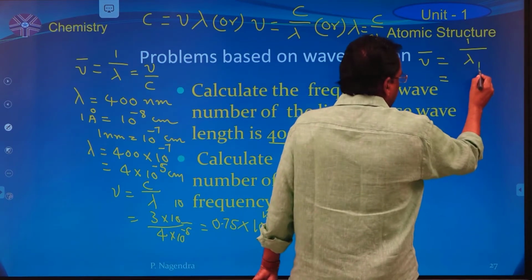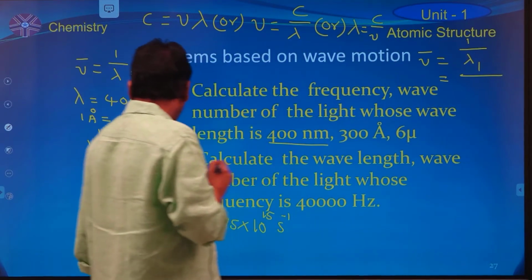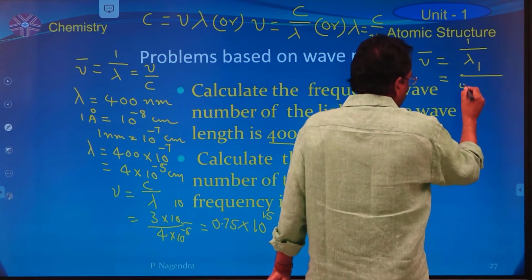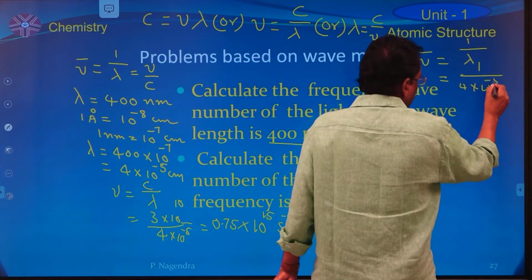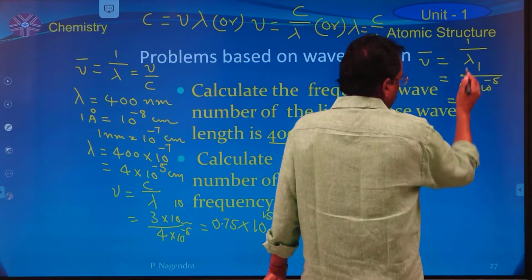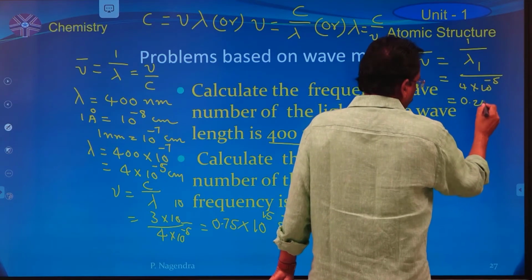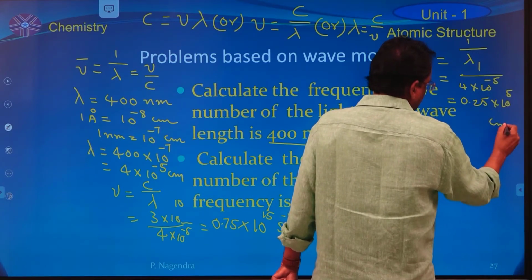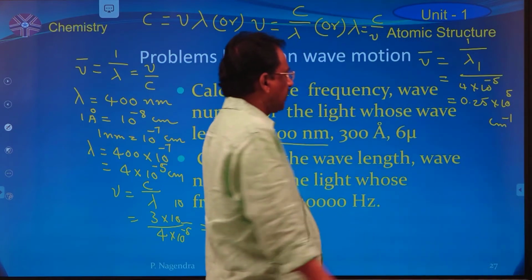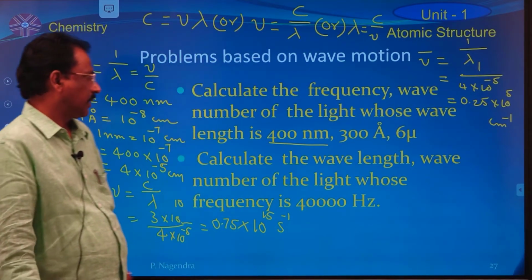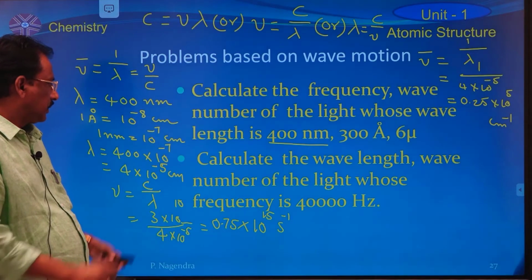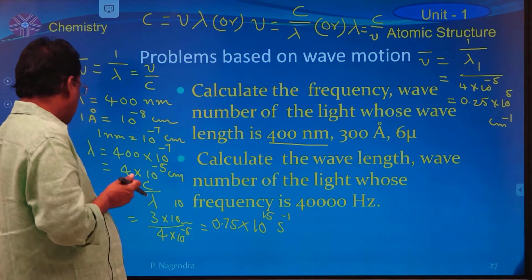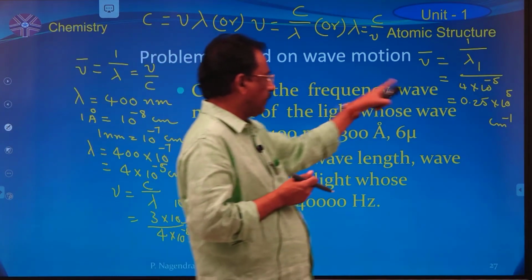Therefore, 1 by lambda in centimeter is 1 by 4 into 10 power minus 5, so wave number is 0.25 into 10 power 5. The wave number unit is 1 by centimeter or centimeter inverse. So if you know the lambda value, it is possible to calculate frequency and wave number.